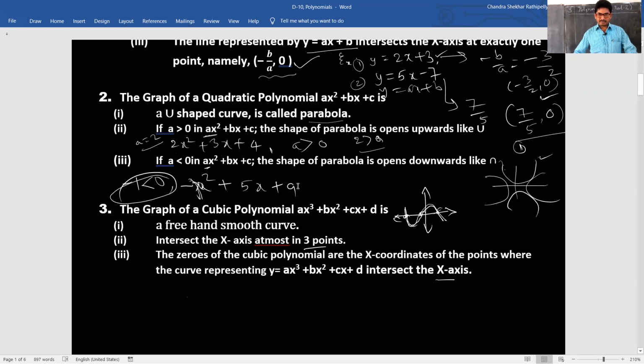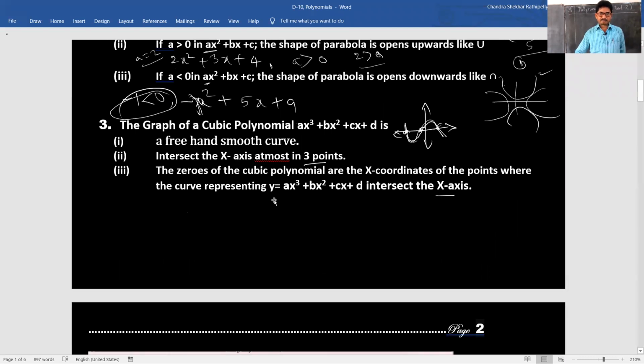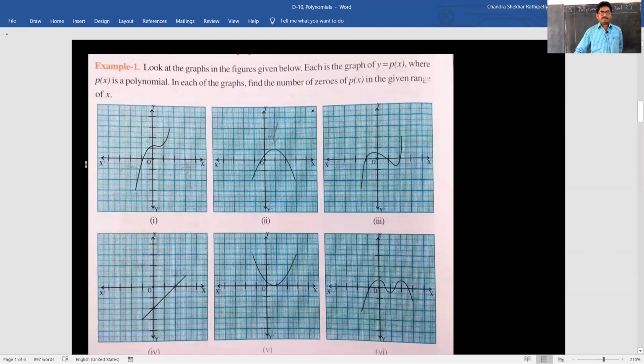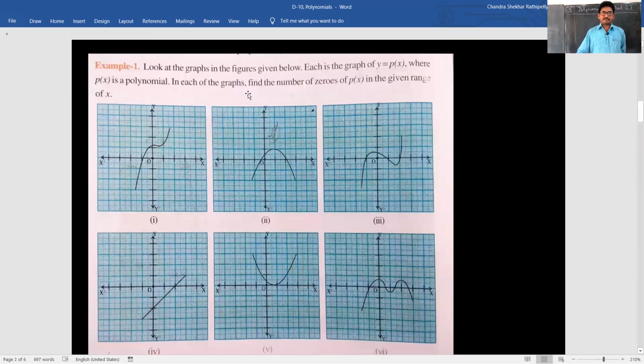So let us see some examples. Now children, in your textbook, we have this Example 1. Look at the graph in the figure given below. Each is the graph of y equals p of x, where p of x is a polynomial.